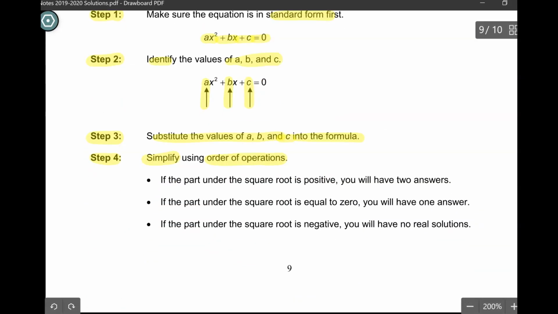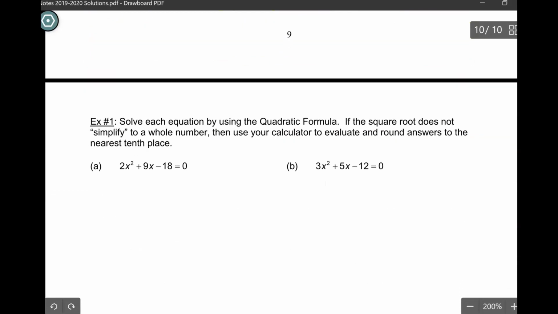If the part under the square root is positive, you're always going to have 2 answers. That's why there's a plus or a minus in front. If the part under the square root is equal to 0, you'll only ever have 1 answer. And if the part under the square root is negative, you will have no real solution. You'll see when we get to the examples.